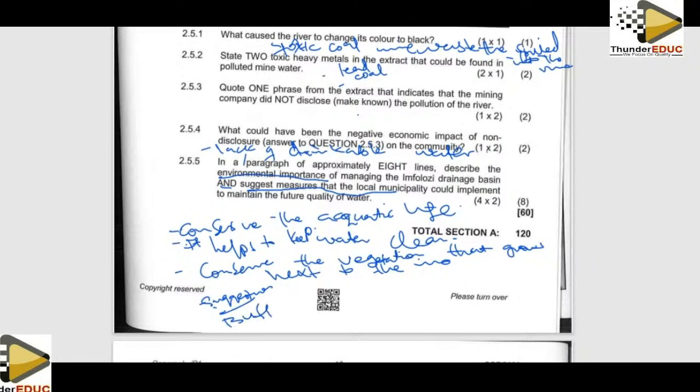Okay. We can also put in place the measure of educating the masses about the importance of maintaining the river. After educating them, you can also say measures that punish the polluters.